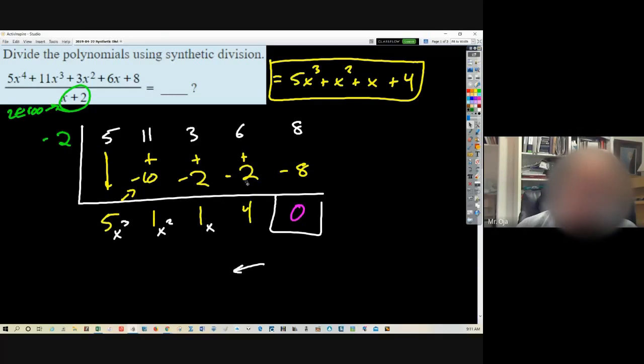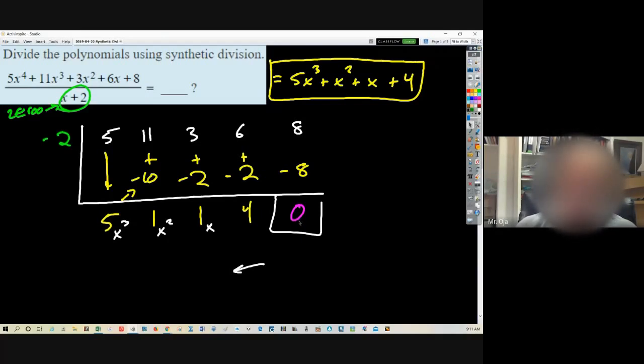So we push that over into the next column, which we add to the 6, and we get a 4. 4 times -2 is -8. And then we add vertically, and we get 8 plus -8 is 0. So what that means in this case is there is no remainder when we do this division.